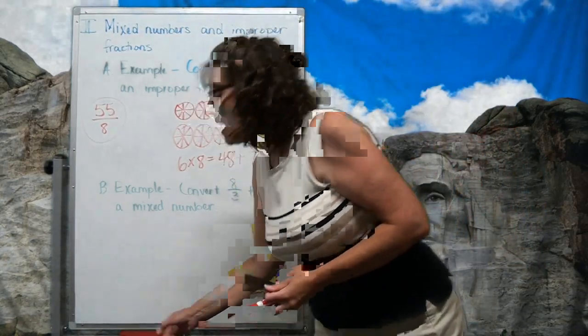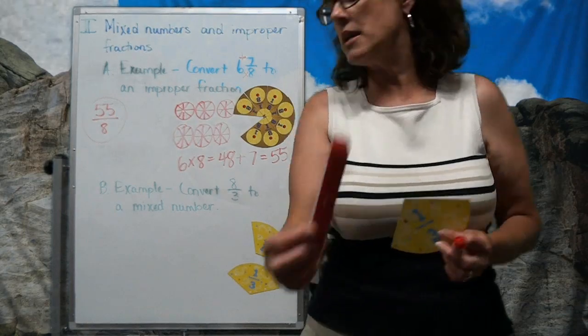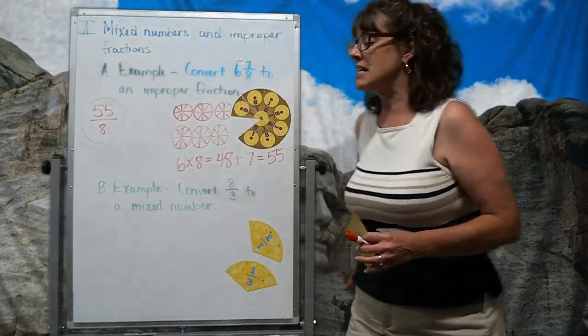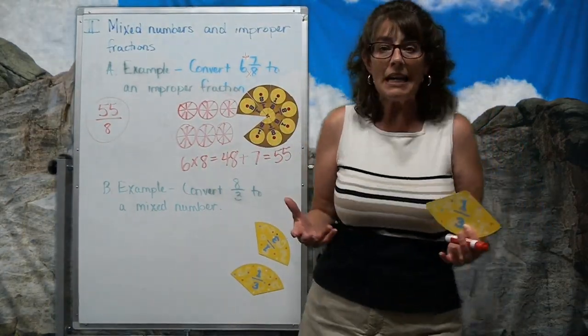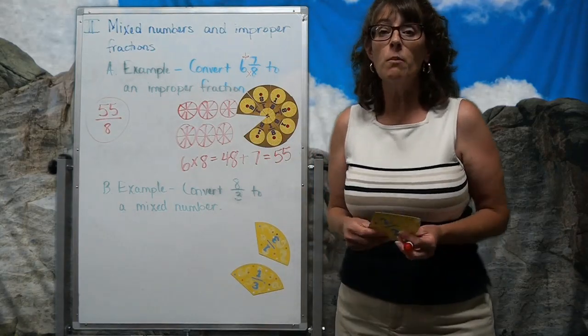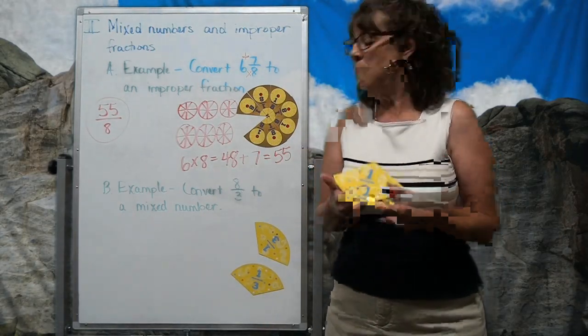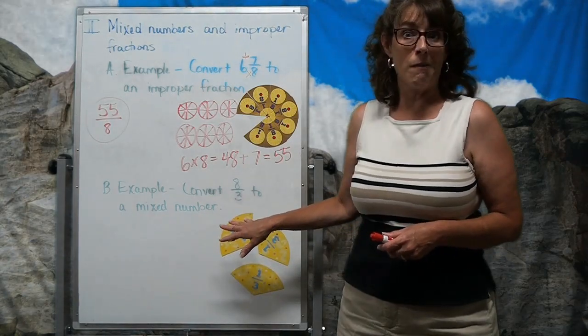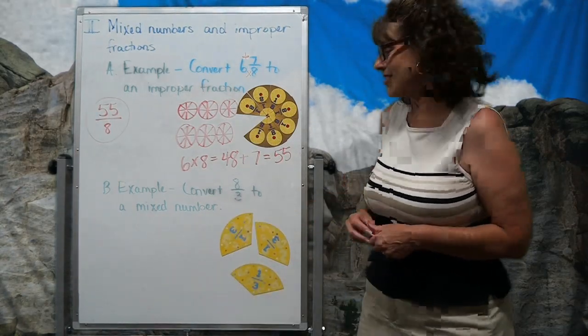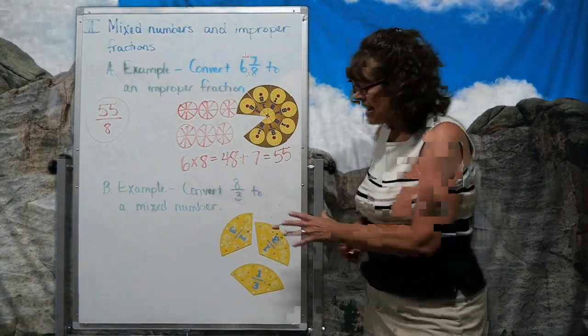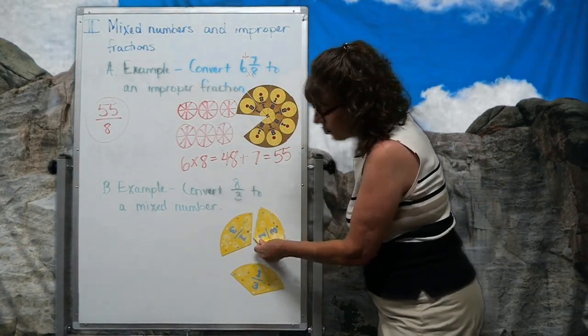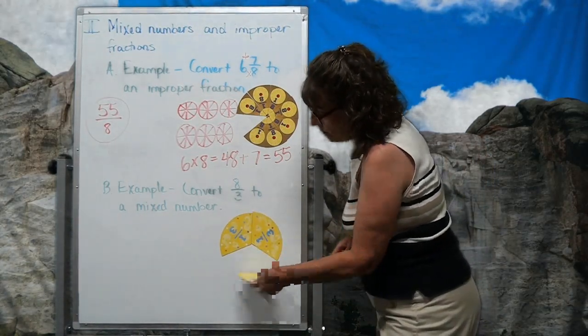Whether it be a whole in a linear piece, or this idea of portioning out candy, portioning out people in a room, or circular pie pieces. I'm going to go with the circular pie pieces because it's a little bit easier. Plus, I just really like the magnets that I've got here. Those are super awesome. But the idea is it takes 3 of these together to make one whole pie.